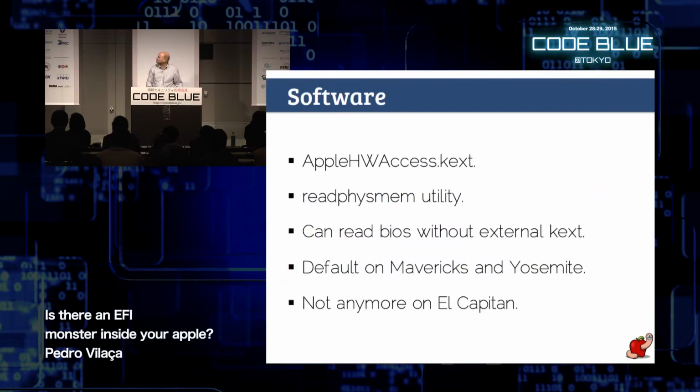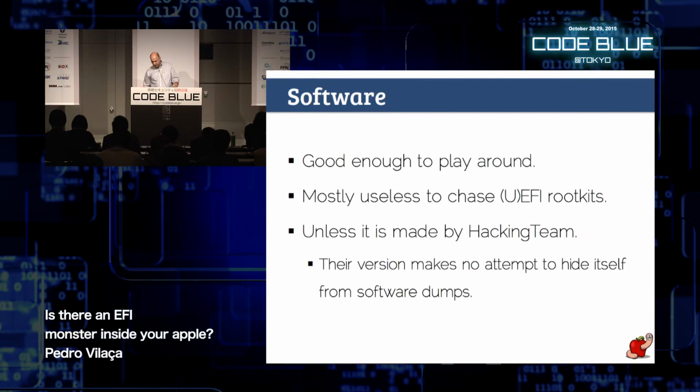This is the part I want to skip, a different way to do it, but essentially it's by software, so same problems, nothing there. As I told you, software is good enough for experiments. If you are doing incident response, software will not save you unless your rootkit is something like Hacking Team.